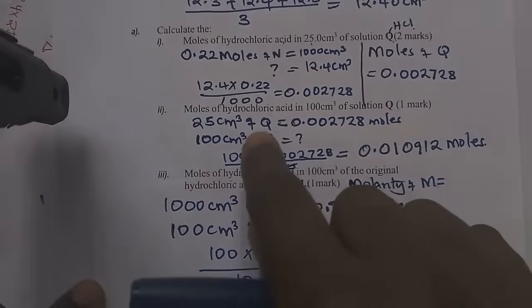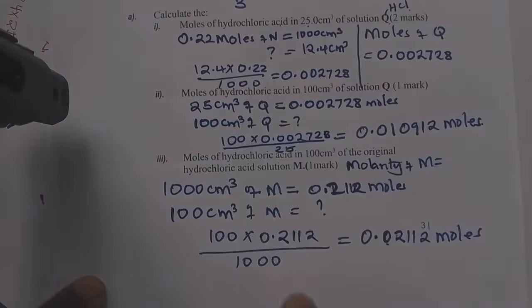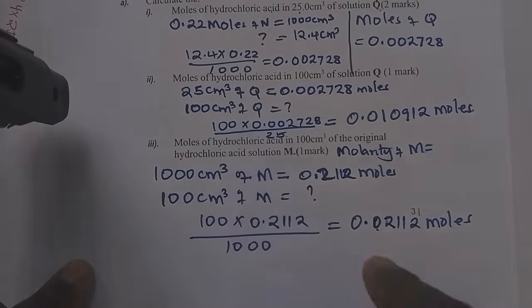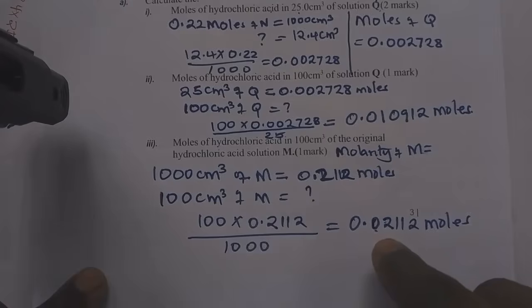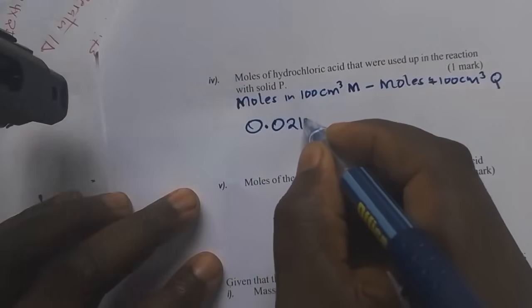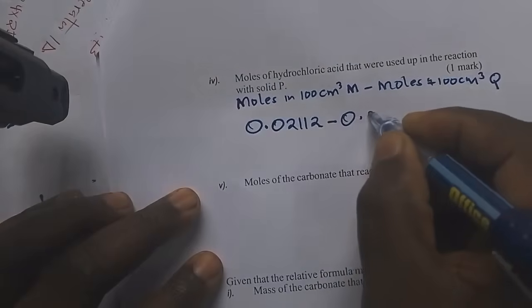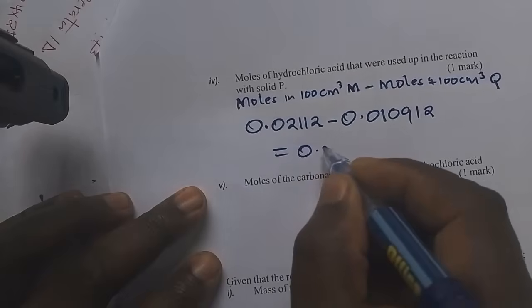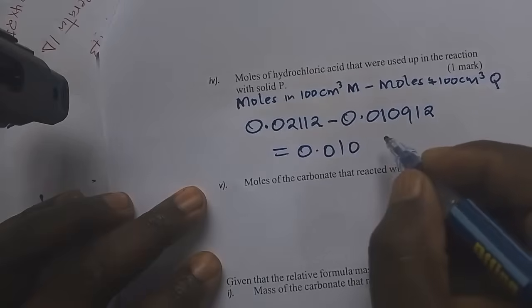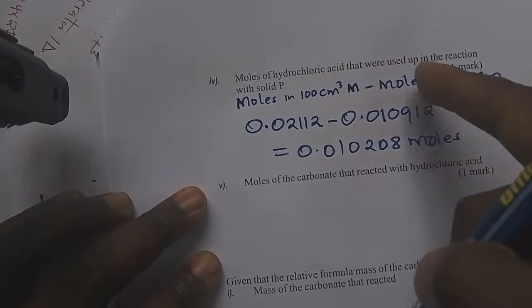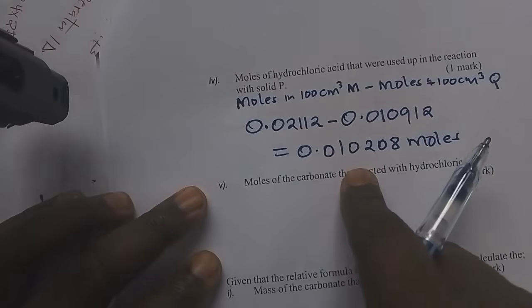Moles in 100 solution Q, and this is our moles in 100 original solution M. So to get the moles that reacted with P, it is this minus this. And the answer is 0.01028 moles. This is the moles of HCl that reacted with the carbonate P.